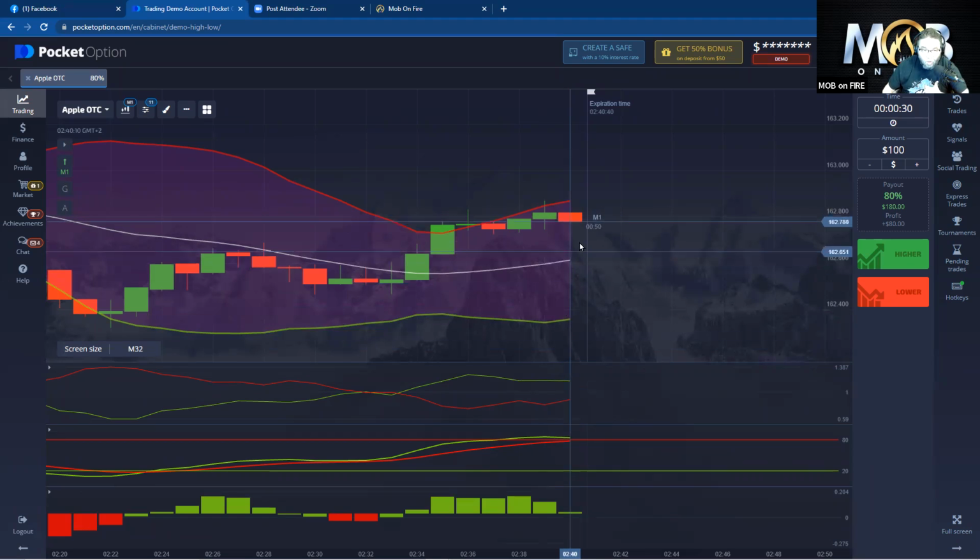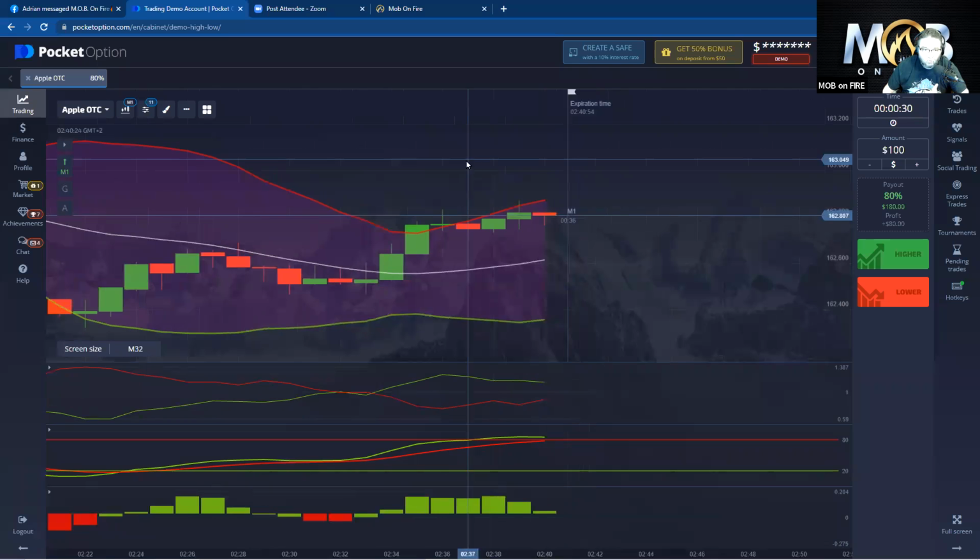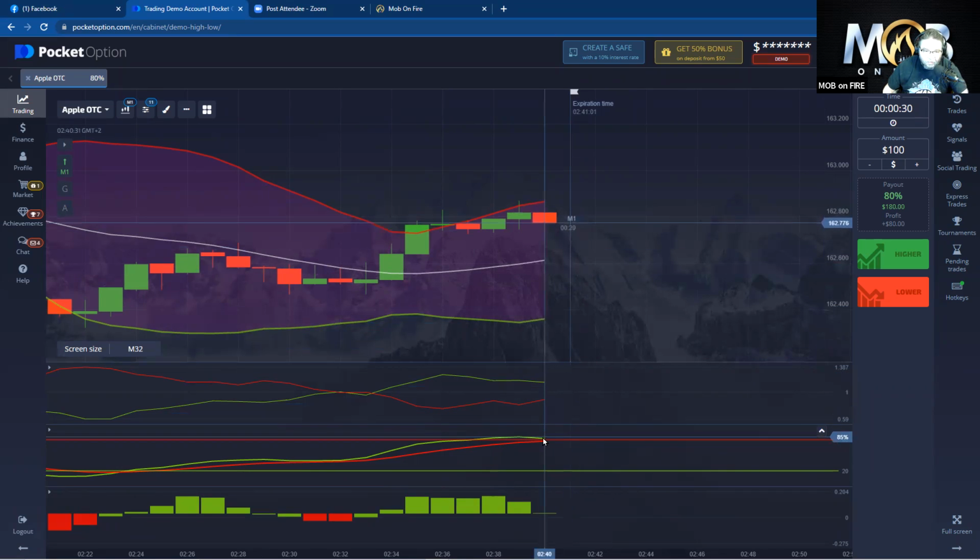You're seeing the expansion of the Bollinger Band and the contraction of the vortex. That's telling you the price is about to move and that it's going to go in the direction that you want. So we're going to anticipate and prepare for the move. Looking over here on the oscillator, the green is starting to get closer to the 80.